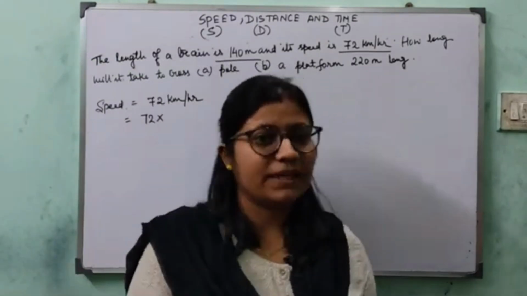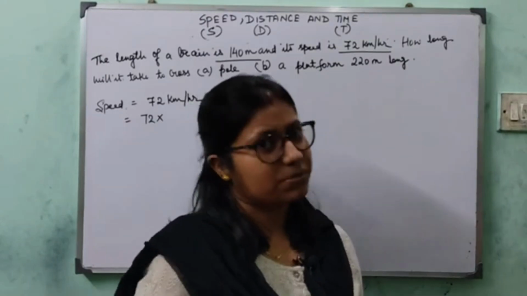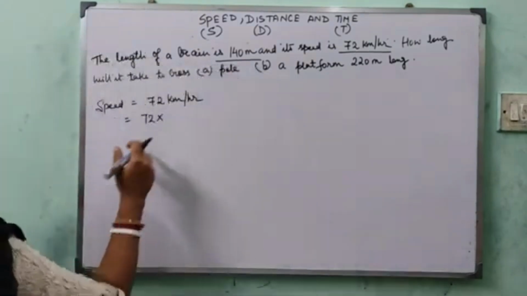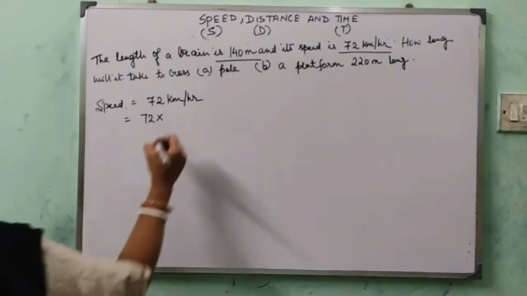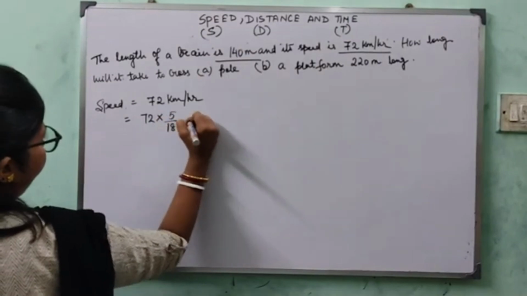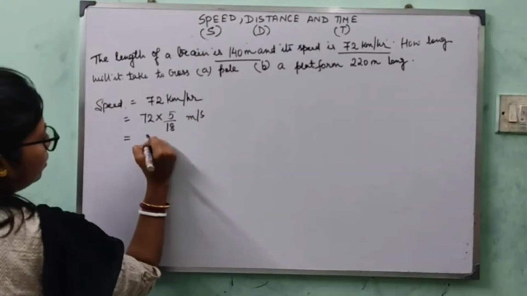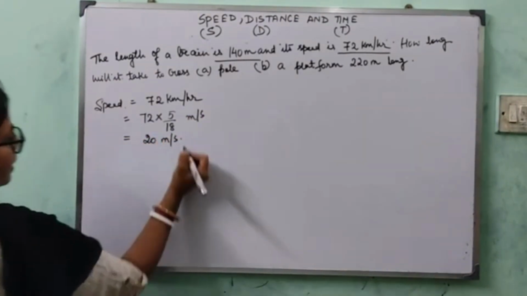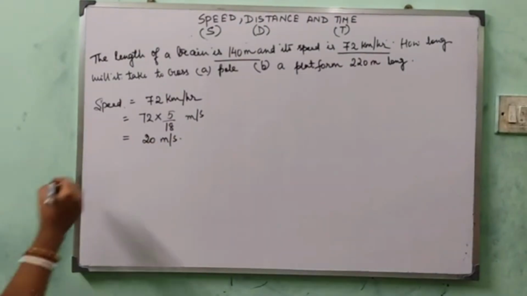If you do not know, please refer to the previous video of this chapter so that this becomes clear to you. So for converting kilometer per hour into meter per second, we need to multiply with 5 by 18. So 72 into 5 by 18 is 20 meter per second.